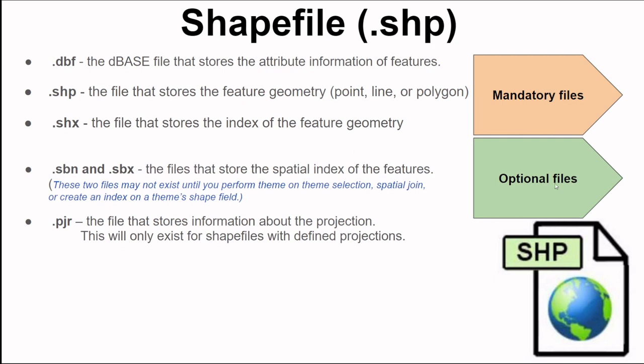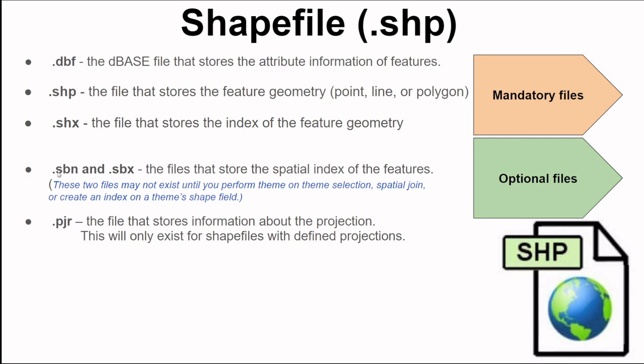However, there are optional files, and these are optional because the shapefile would work without them. If you create a new shapefile, you might see just these main three, but when you perform certain operations on the data, it creates extra files.